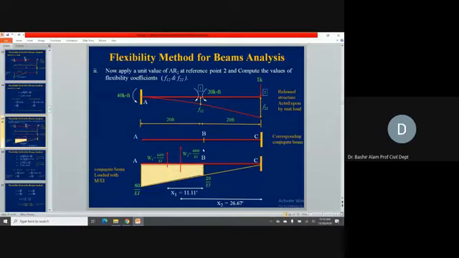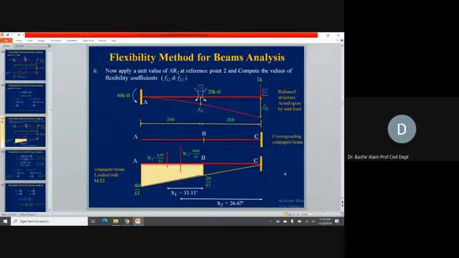So remember, when we are finding out moment about B now, so 600 divided by EI times this distance from its centroid to B, that is becoming your MB now, and that will give you your value of F12, and that must be equal to F21, which we found in the previous slide. Now, MC you can find out very easily. It will be the area of this triangle times 2/3 of this distance, which is coming 26.67.